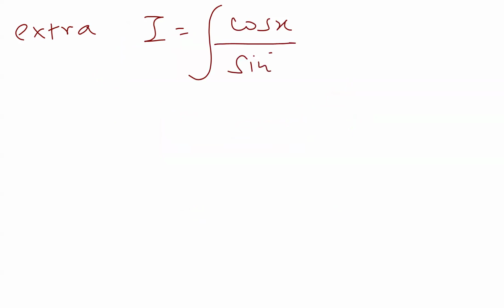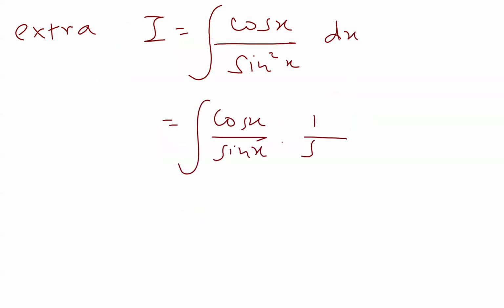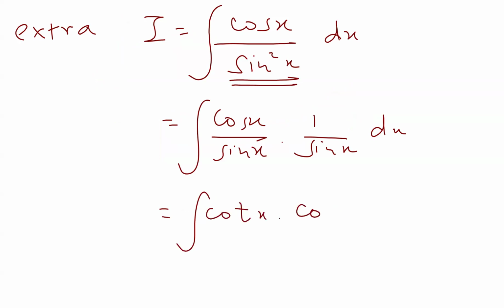Something more. Now this situation might arise. Cos x upon sin square x. So it will be cos x upon sin x into 1 by sin x. So you write sin twice. Now cos upon sin is cot x and 1 upon sin is cosec x.